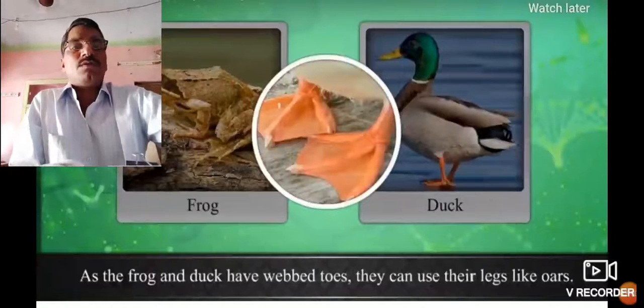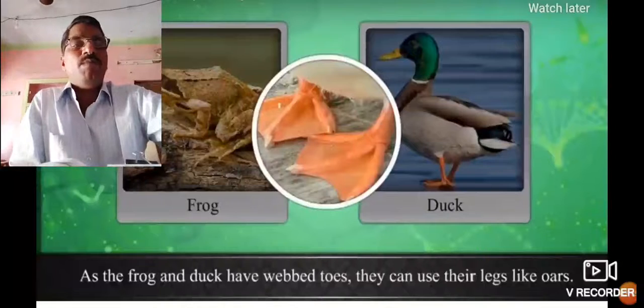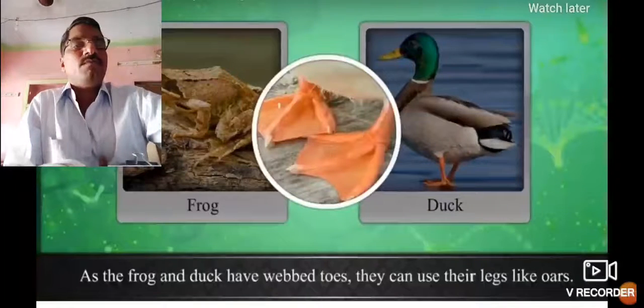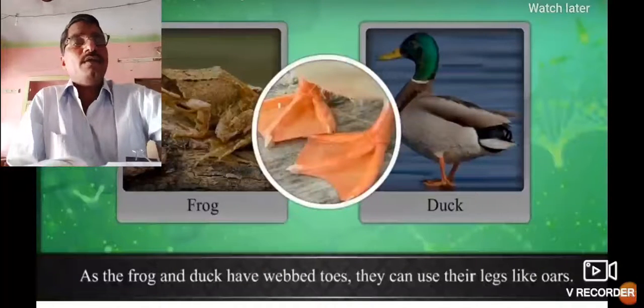Dear students, do the frog and duck have webbed toes? Now you see the pictures of the frog and duck; look carefully, students. Webbed toes: they can use their legs like oars.